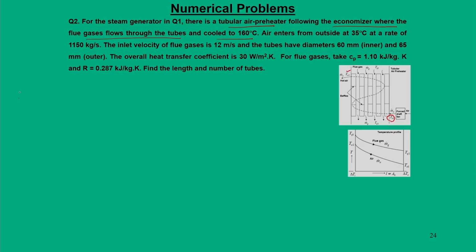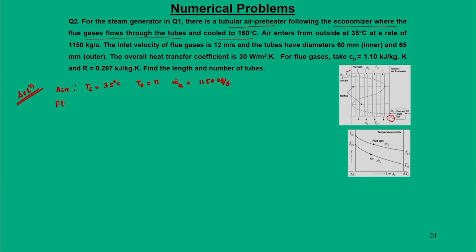So, for solution of this problem, we again use a similar approach. For air, we can take the data from this question, that is Ti 35 degree centigrade, To not given, we have to find out, m dot A is equal to 1150 kg per second.